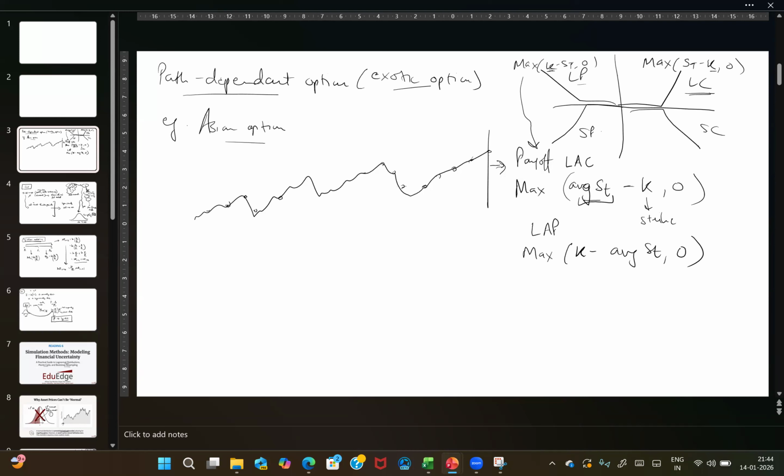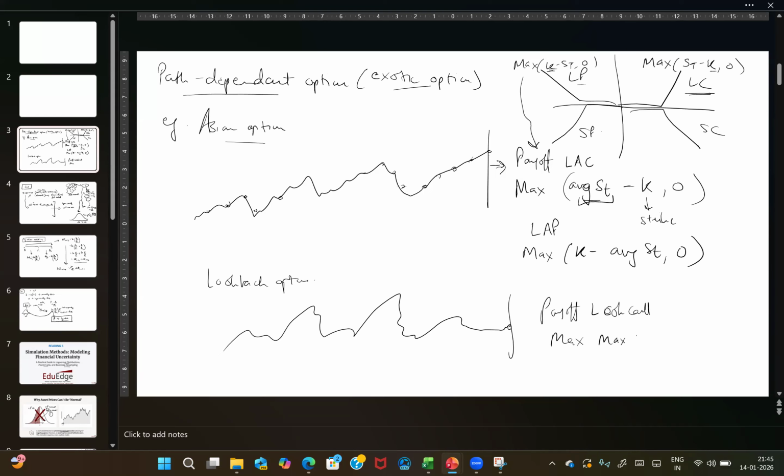Another example is the lookback option. So suppose this is the path of the asset, and at maturity, the payoff of, say, a lookback call option will be equal to the max stock price achieved on the entire path minus K, comma 0, which means it will see all the peaks.